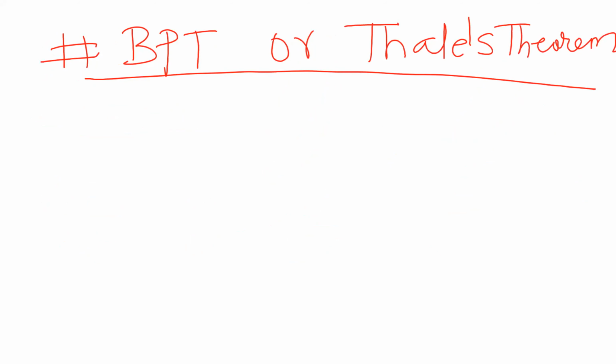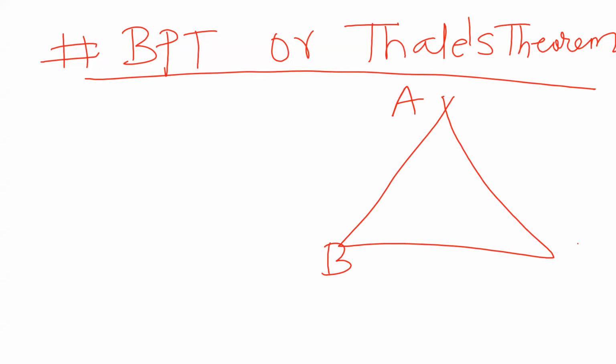We will study the proof of this theorem also, but try to understand what the Basic Proportionality Theorem or Thales theorem states. We have a triangle ABC.